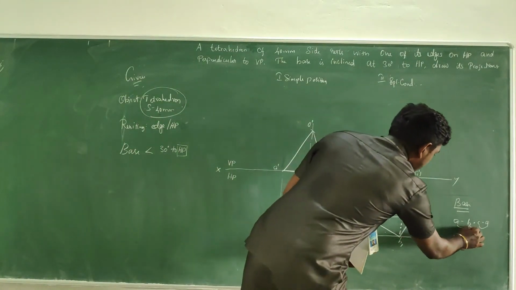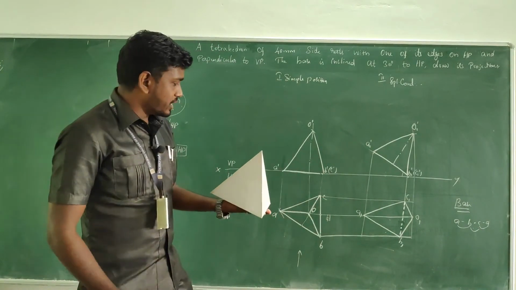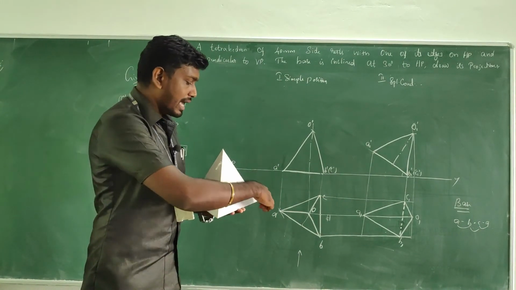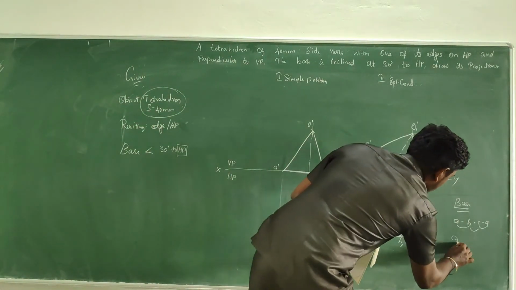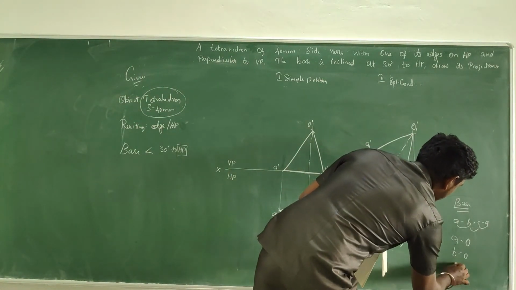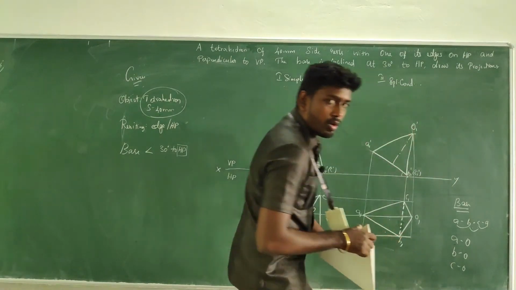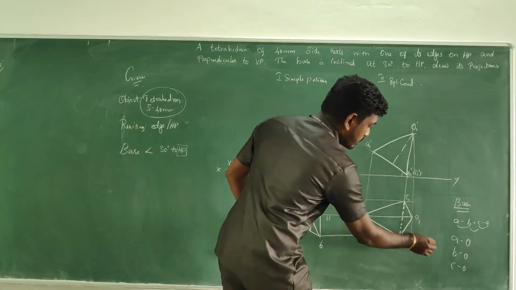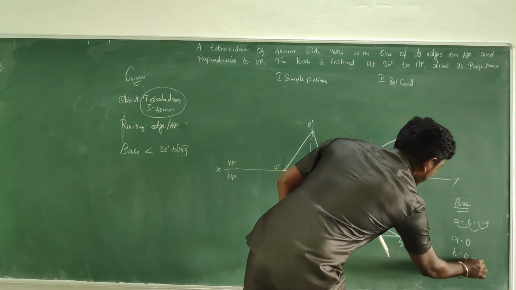So this also is completed. What about the edges A to O, B to O and C to O? Some of the edges, O to C and O to B, we have completed.